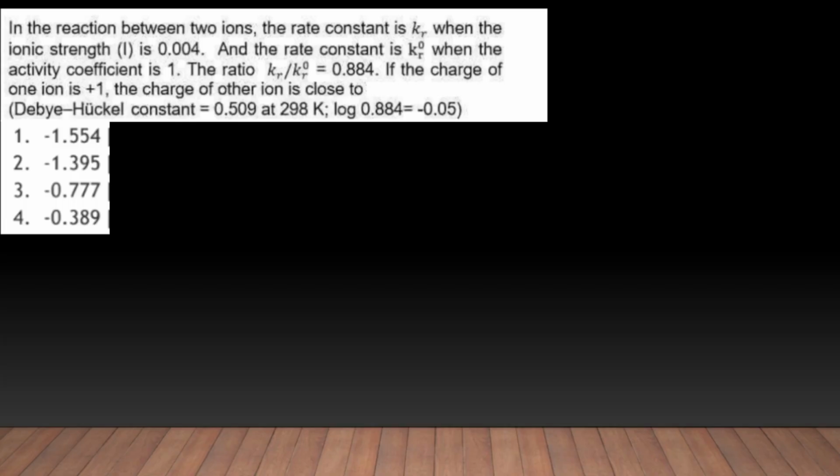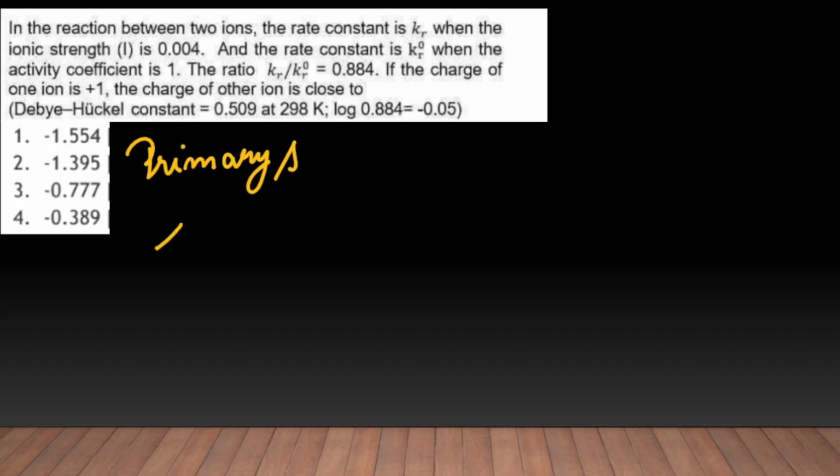Next is this one. In a reaction between two ions, the rate constant is Kr when the ionic strength is 0.004, and the rate constant is Kr naught when the activity coefficient is unity. The ratio of Kr to Kr naught is this much. If the charge on one of the ions is +1, what is the charge on the other ion? This is from our primary salt effect.